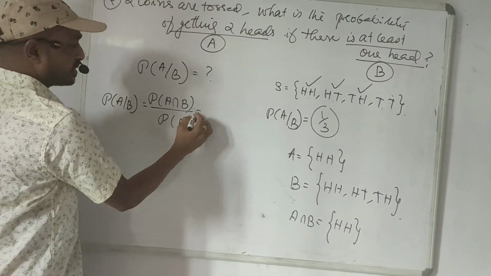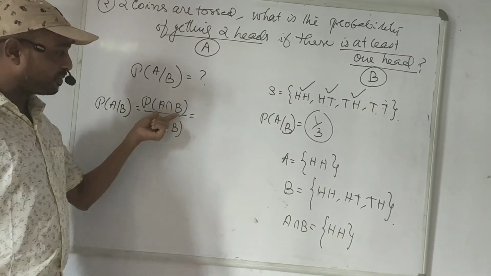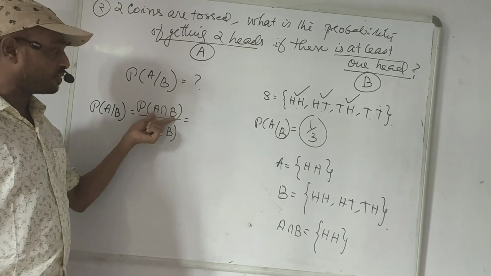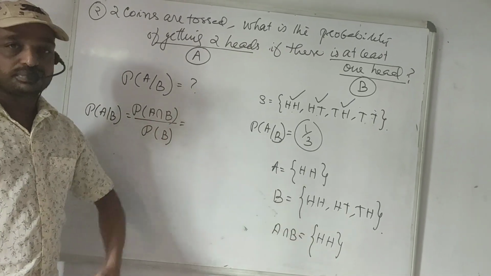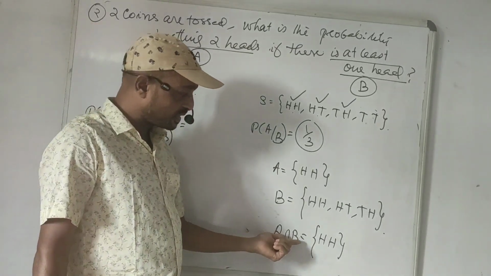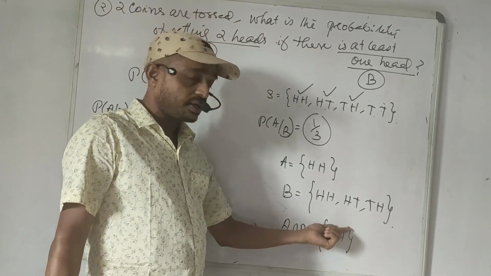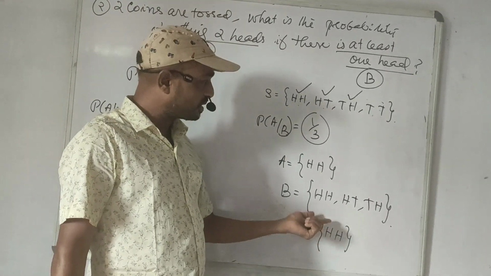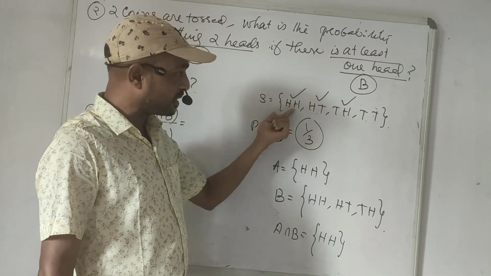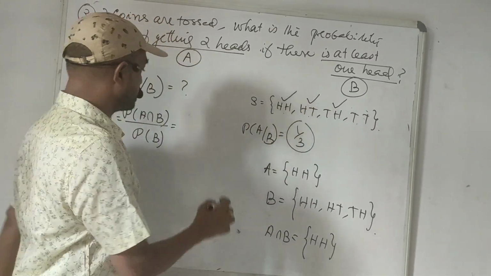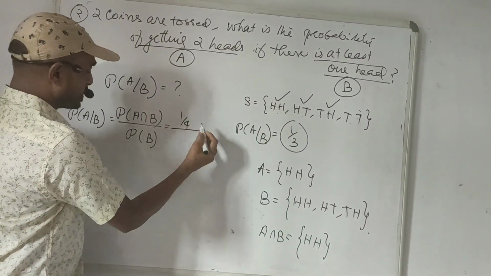So what is P of A intersection B? P of A intersection B means the number of cases favorable to A intersection B divided by the total number of cases. The number of cases favorable to A intersection B is only one. The total number of cases in the sample space is 1, 2, 3, 4. So this is 1 by 4. And what is P of B?